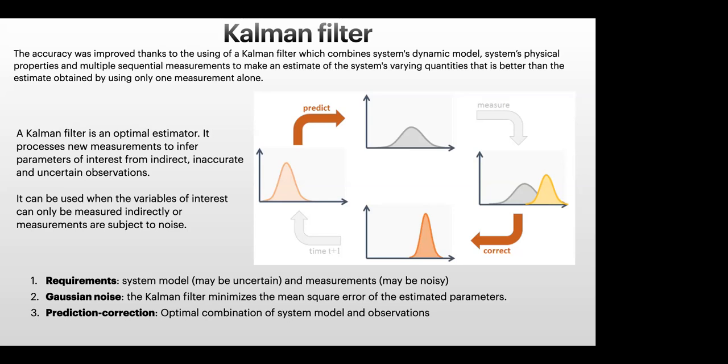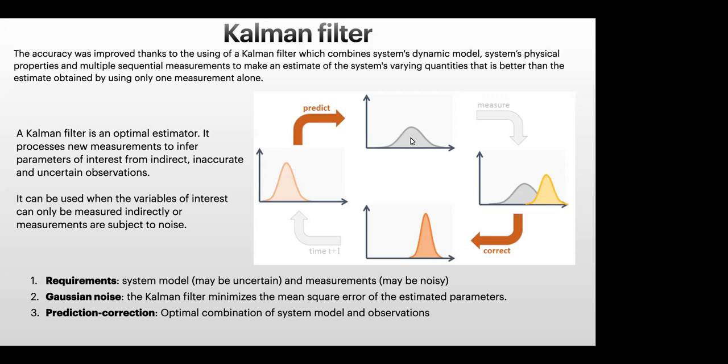The idea of the filter is to combine the physical properties of the system with the measurements performed. If we know the physical properties of the system, after we can measure a quantity of our system, for example, the velocity, then we can make a prediction of the next measurement.